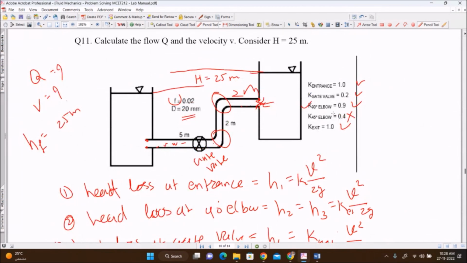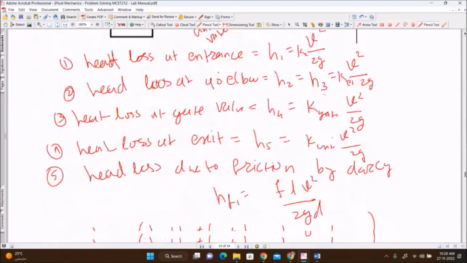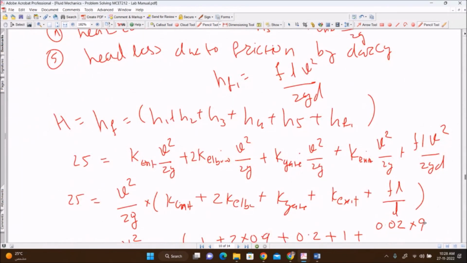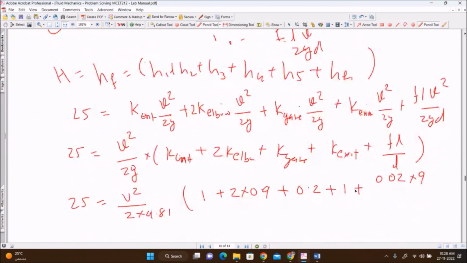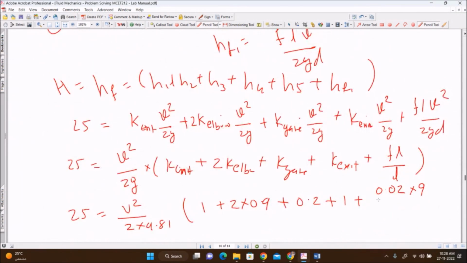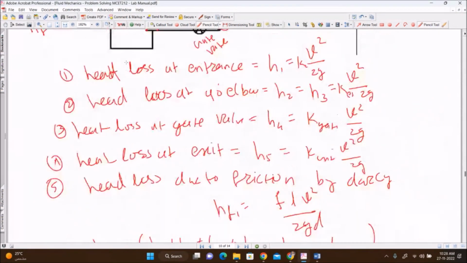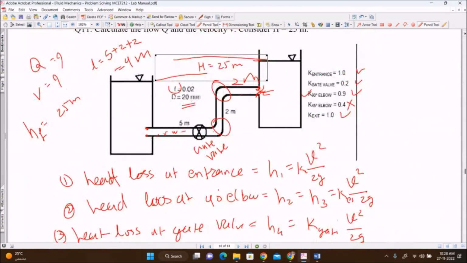L is the total length of the pipe, 5 plus 2 plus 2, which is 9 meter. So I can write here 9 divided by the diameter of the pipe, 0.02. Here it is given as 20 millimeter.